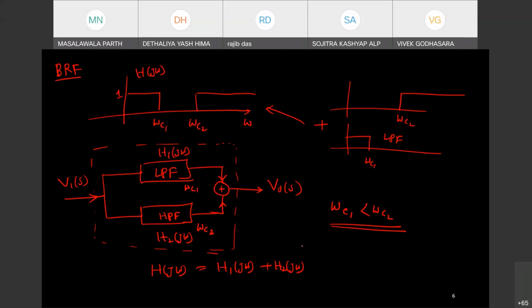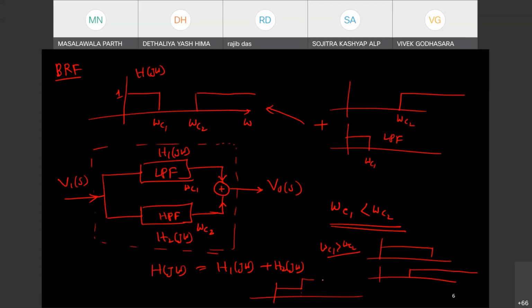The only difference is that if I consider omega C1 more than omega C2, the low pass filter will be up to this, and the high pass filter will be from here to here. Just add these two. So this combination could be a little bit like this. Up to this one is 1, and here it is 2, the common zone, then again it is 1.